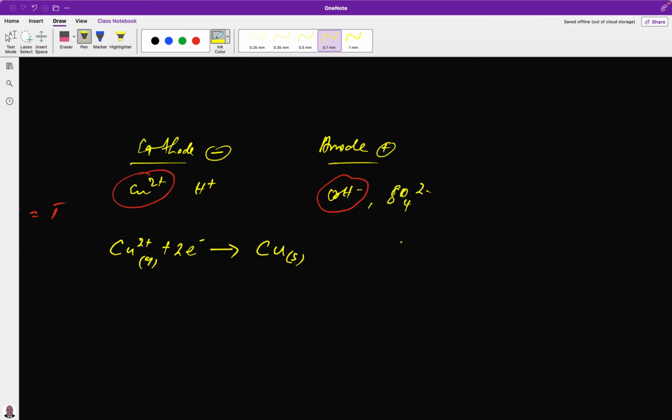At the anode, oxygen is released: 4OH- (aq) gives O2 (g) + 2H2O + 4e-. So oxygen is released at the anode.